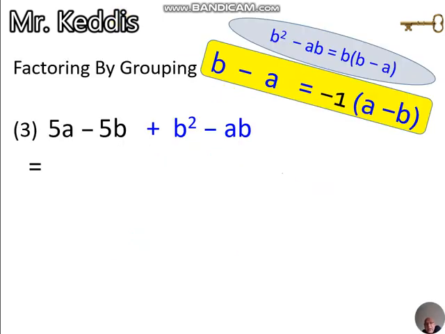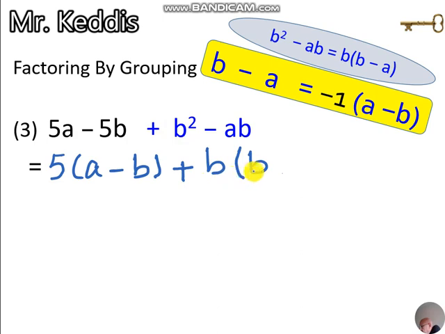To factor 5a minus 5b, I take 5 as a common factor. And here a minus b. You have b squared and you have b here. You take b as a common factor. B times b, you get b squared.